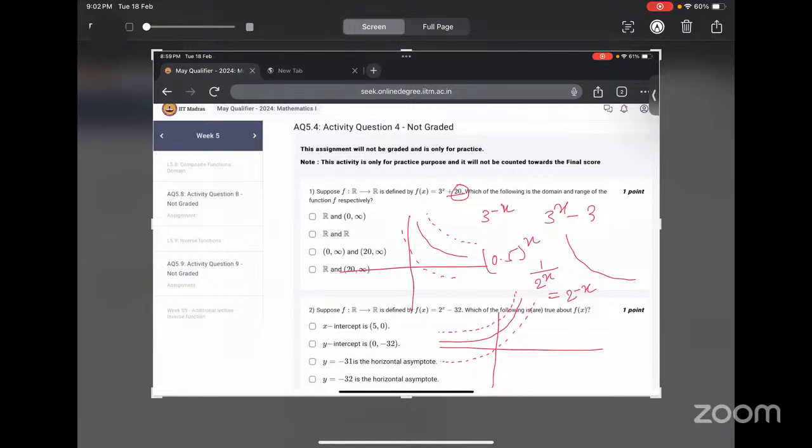Can the graph of an exponential function intersect the x-axis? Yeah, why not?